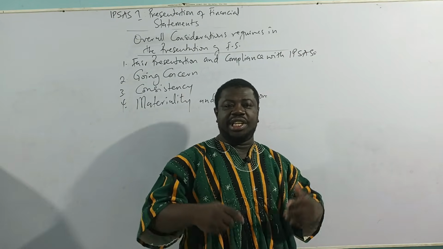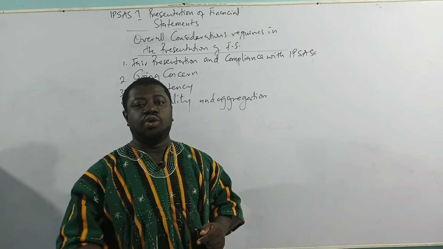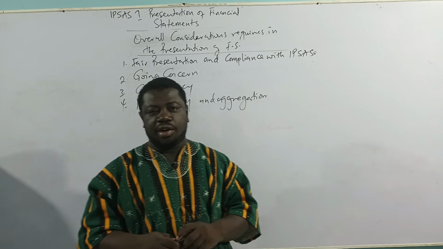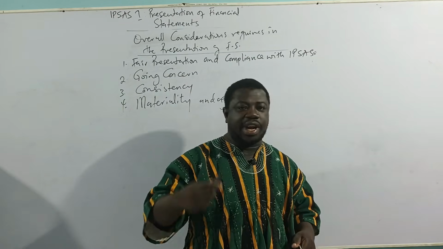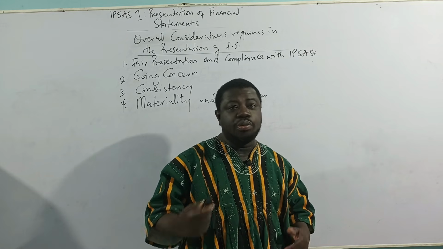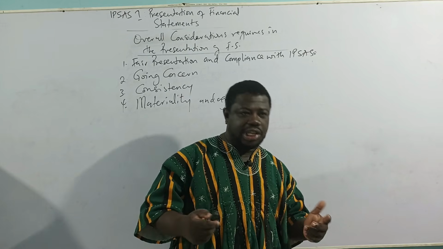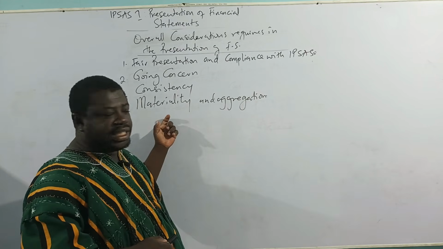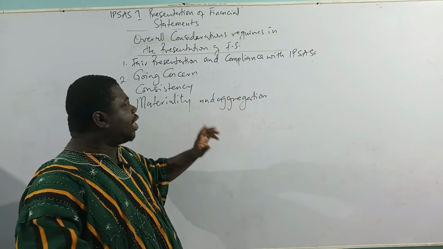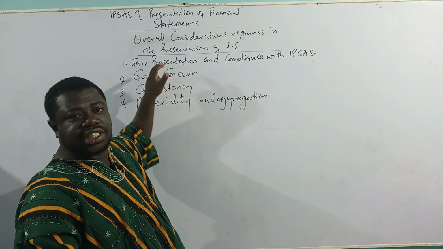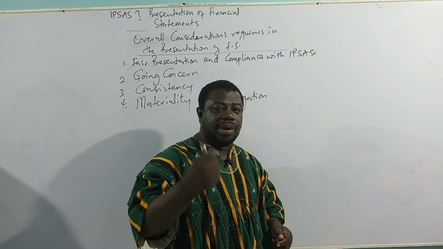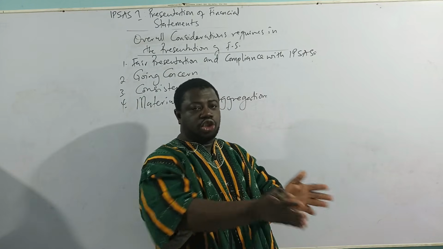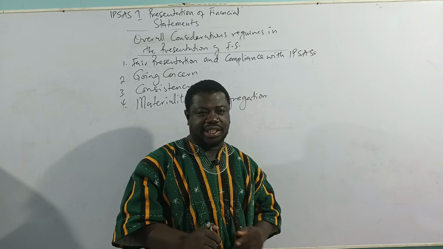We said that information is material if its omission could affect the decision of the users. Okay, so certain material information needs to be aggregated, others do not need to be. You need to be very careful in your consideration of materiality and aggregation. Sometimes, in order to present a fair financial statement, some items, no matter how immaterial they may be, should be left to stand alone on the financial statement.